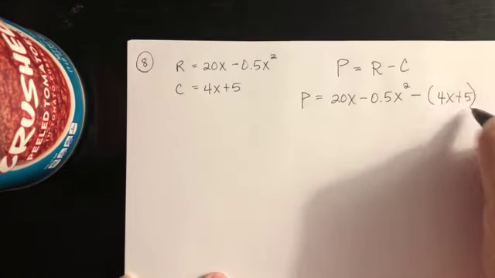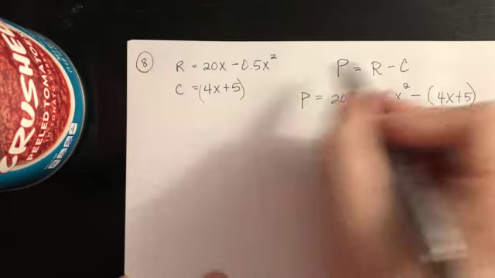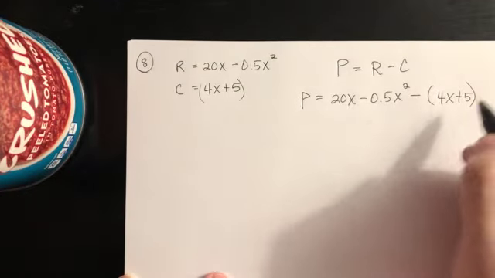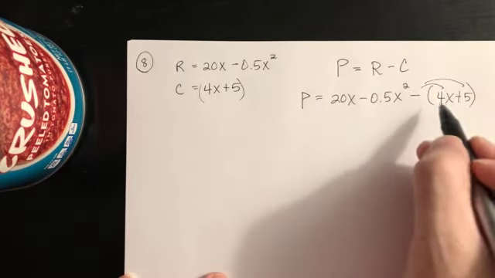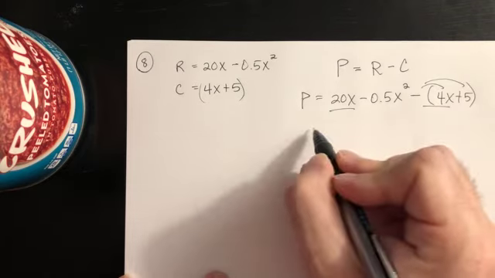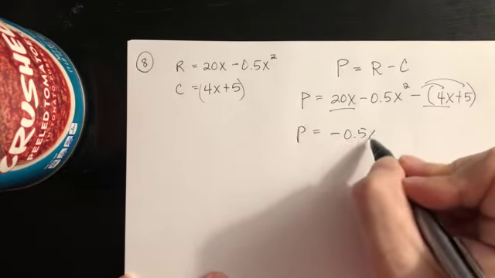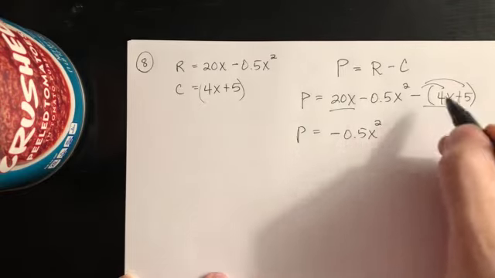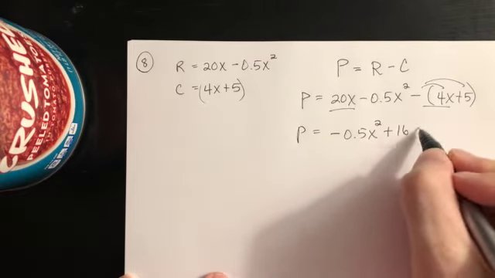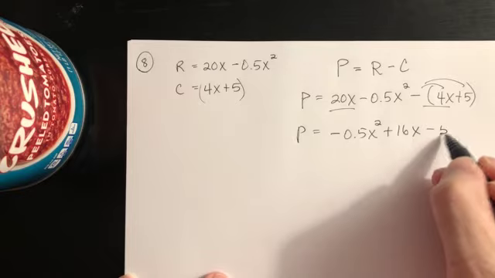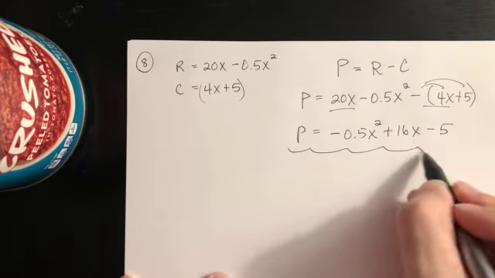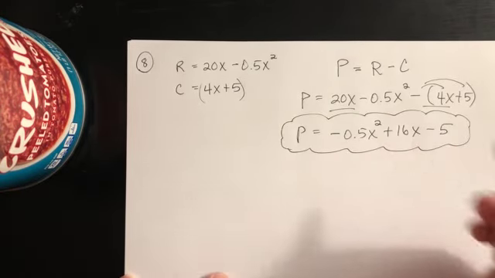Be careful there, because this is actually a whole thing you're plugging in for C. So if we distribute this and we combine these terms together, we will get an equation that we can take the derivative of. Negative 0.5x squared, and then 20 minus 4 is 16x, and then negative 5. There's my equation for profit.